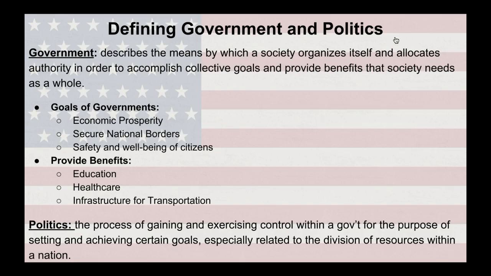And so you have to have a government in order for politics to occur, and politics is essentially setting the agenda, achieving certain goals, and having the power to divide resources within a nation as you see fit.